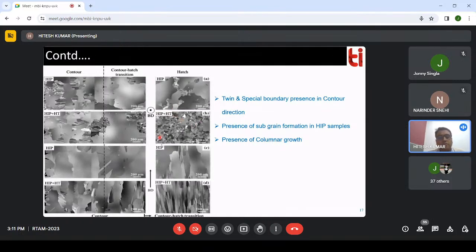But in the other direction, the build direction, there is a columnar growth structure. After HIP plus heat treatment the columnar growth structure is still there, but the number of grains increases in one particular direction.